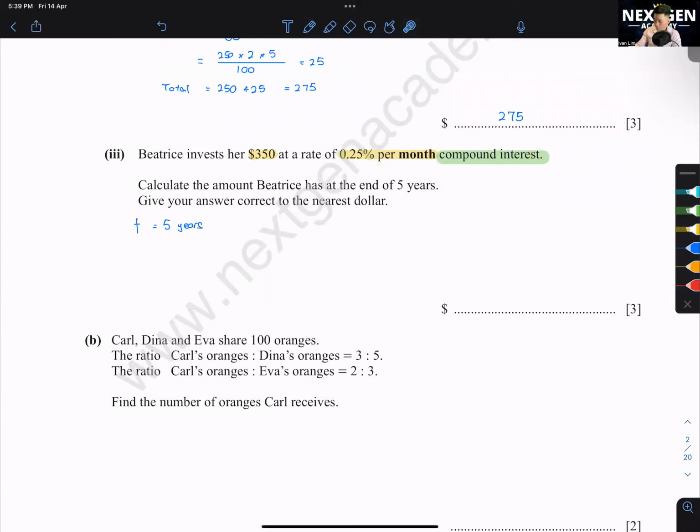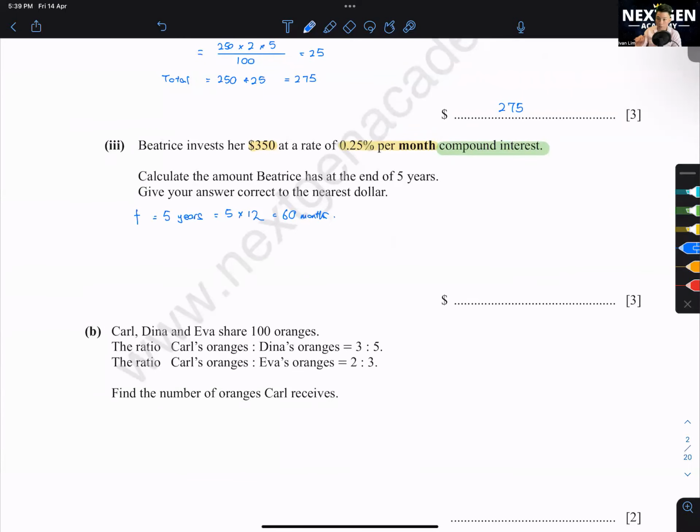So how many months are there in 5 years? 5 multiply 12, which equals 60 months. So your T will be 60. T is not always in years. It depends on what the interest is based on. It can be months, it can be days. Normally in real life, it's either years or months.